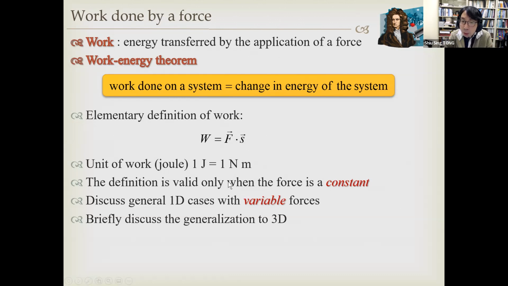Now, that definition is valid only when the force is constant. If you simply multiply the force with the displacement, that is true if the force remains constant during the period of your application. If the force is not constant, then we cannot simply apply this formula. We will discuss the one-dimensional case with a variable force, a force that varies when the object travels.